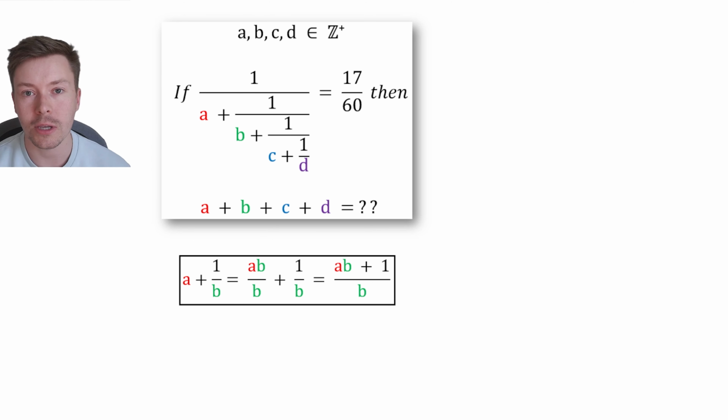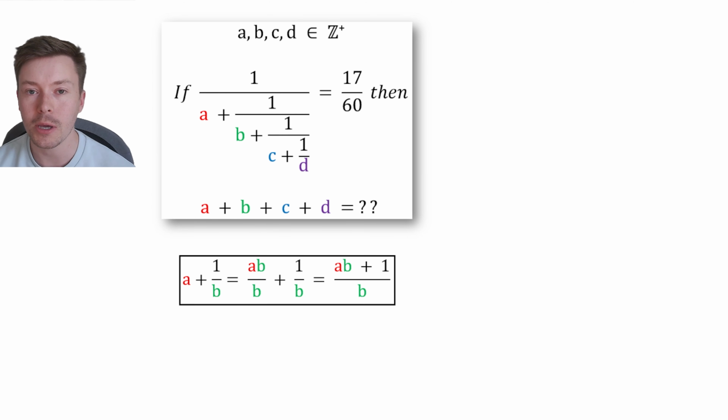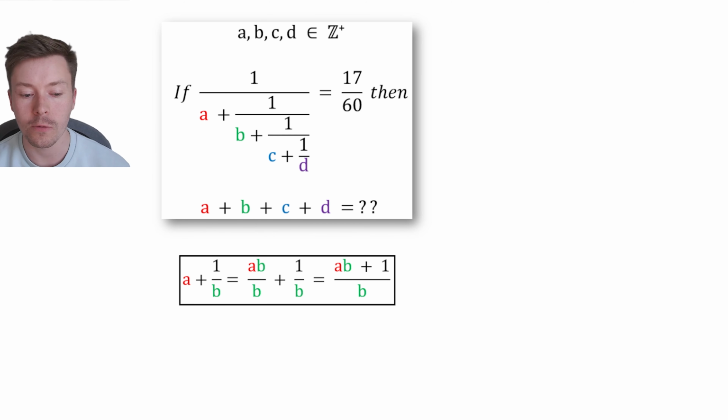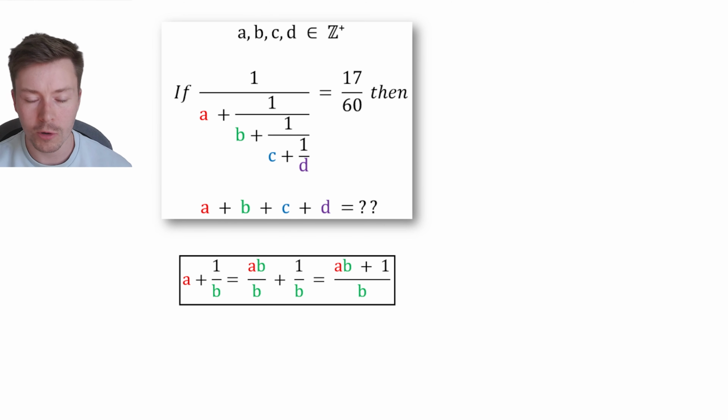Now a in this case is the same as a over 1 as a fraction, and so if you multiply top and bottom by b, we will get ab over b, which then has the same denominator, which we can then add to get a single fraction, so ab plus 1 over b. And that is something which I'm going to use throughout this solution, and so I just wanted to put it up there so that everybody watching is clear what I'm doing.